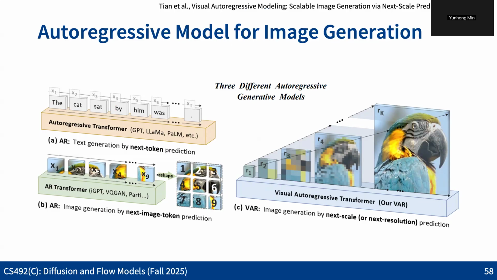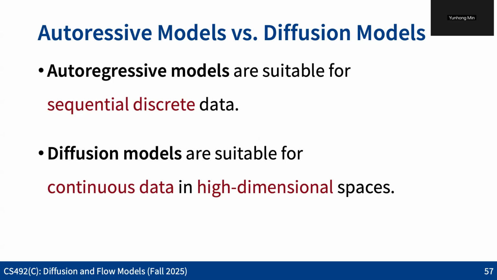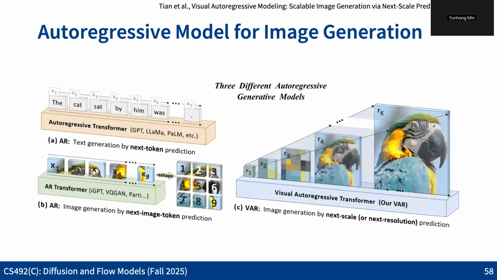As we know, the autoregressive model is good for sequential discrete data, which means it's a matter of how we are going to represent images as sequential discrete things. So we somehow need to discretize some elements of the images and make them into a sequence of those discretized elements.